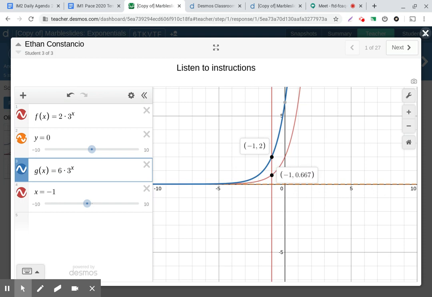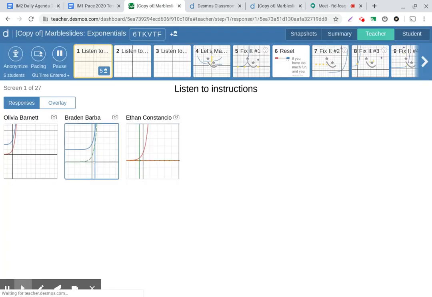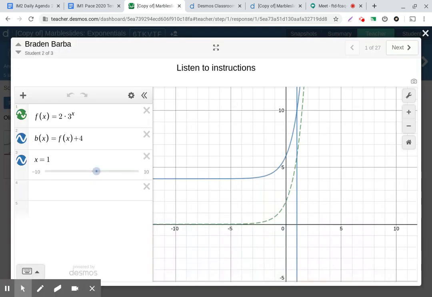All right. Anybody have an idea? Let me check out Braden's. All right, Braden, go ahead and click on where they intersect. Are these 4 units different? Like where your x. Where they intersect. Yeah, right. Are they 4 units off? Yep.